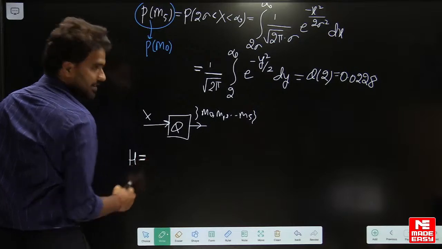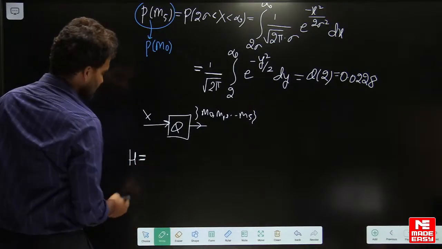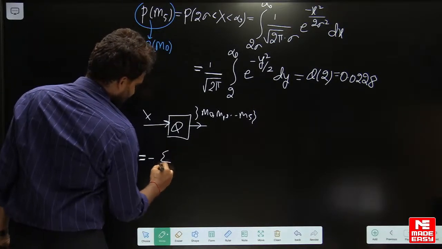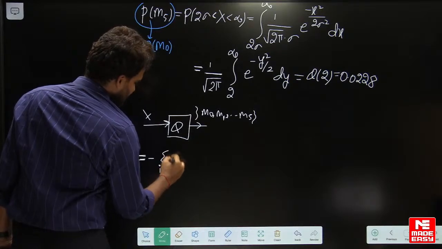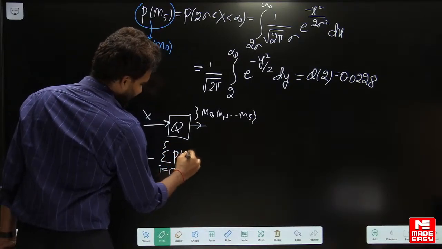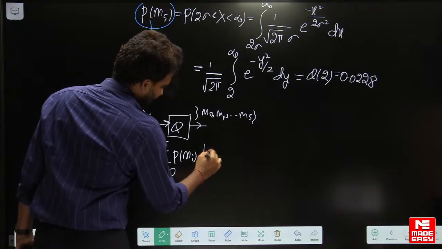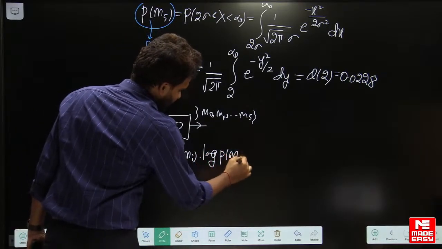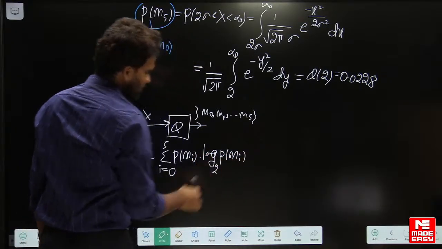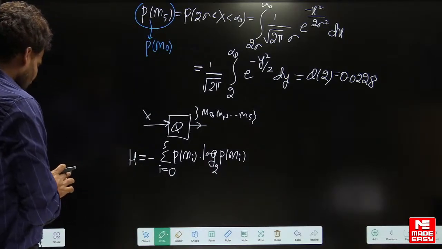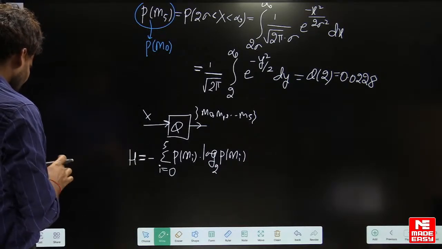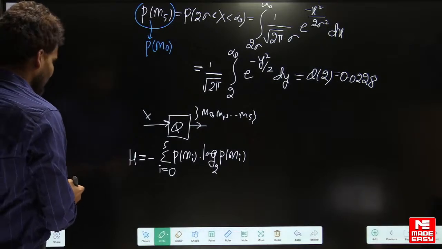H equals, to get the entropy we need probabilities, so minus summation i equals 0 to 5 PMi log PMi base 2.